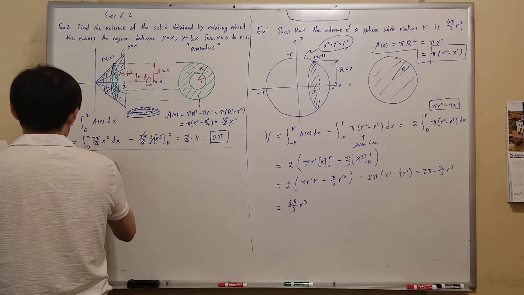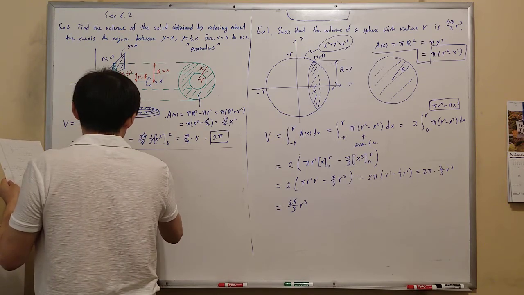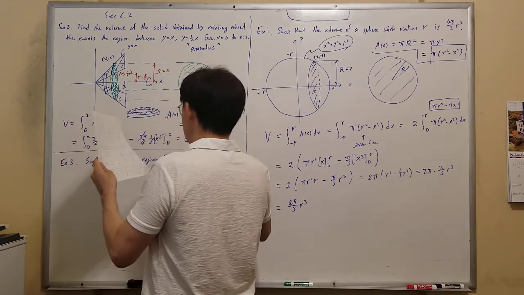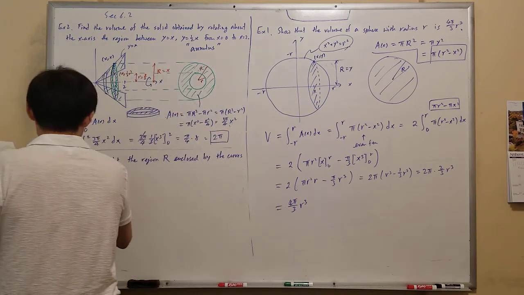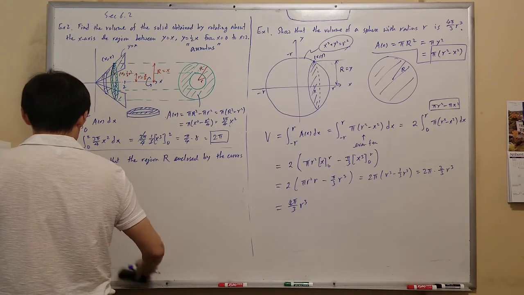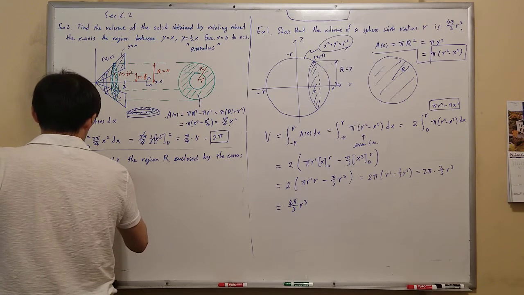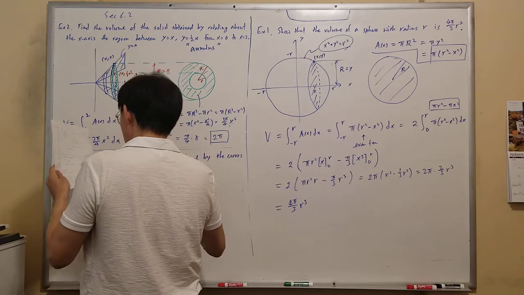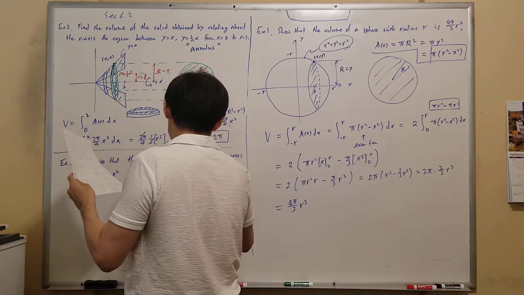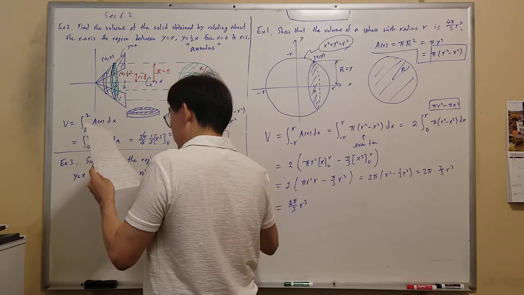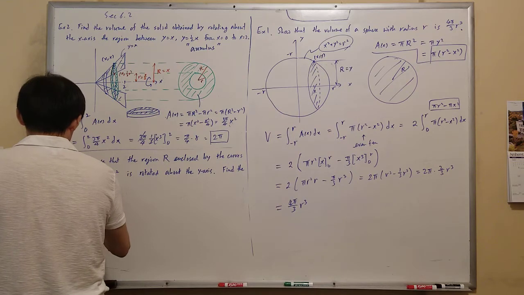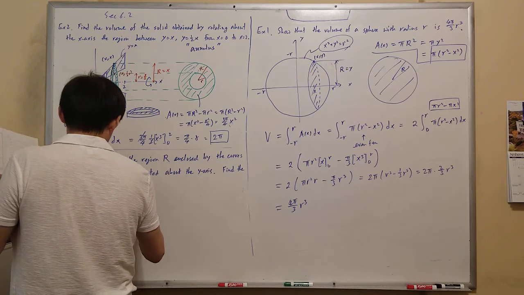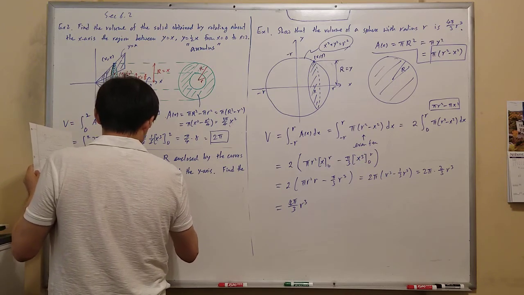Suppose that the region R enclosed by the curves y equals x and y equals x squared is rotated about the y-axis. Find the volume of the resulting solid.